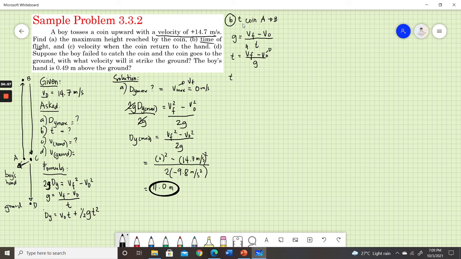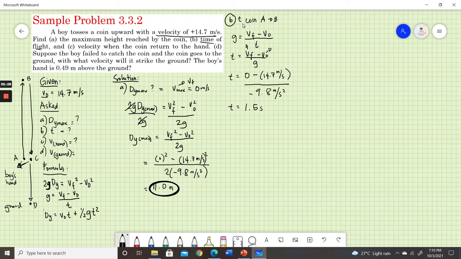So time is equal to 0 minus the initial velocity, which is 14.7 meters per second, and then divided by negative 9.8 meters per second squared, because that's our g. Using your calculator, you would find that the time it takes is 1.5 seconds.